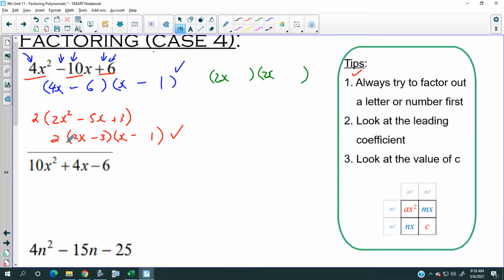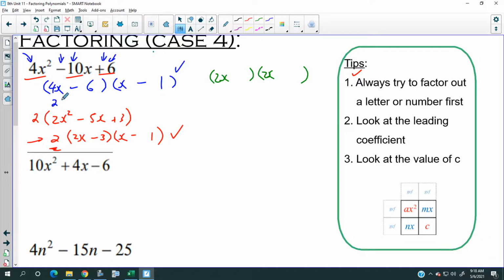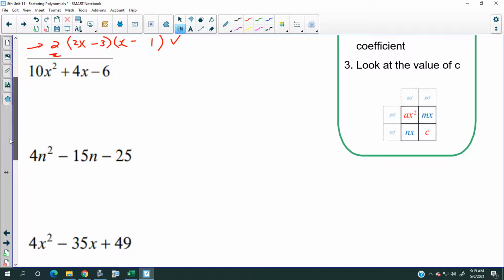Now, remember, if you're gonna put the answer in, you have to leave the 2 in there too, because that's part of the solution. That's what I'm referring to. Now, as for this one, you could factor this out, right? Because between 4x and 6, the greatest common factor is 2 again, and then you get this as an answer, okay? All right? Okay, now, moving on to the next one.